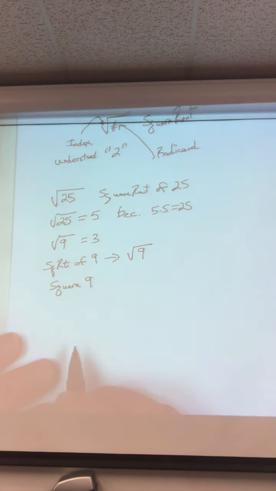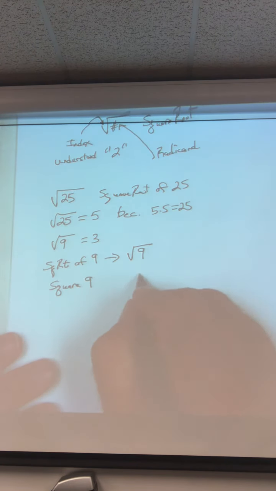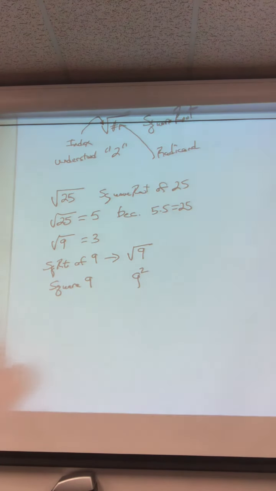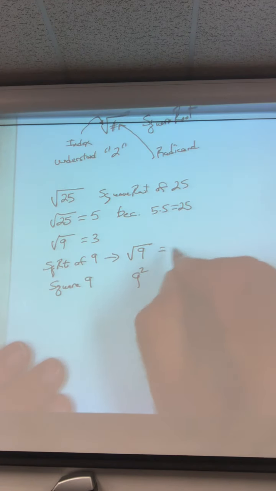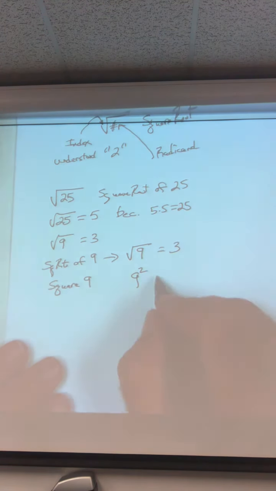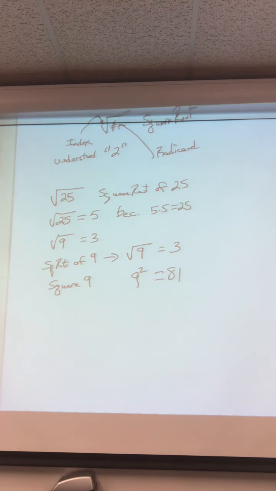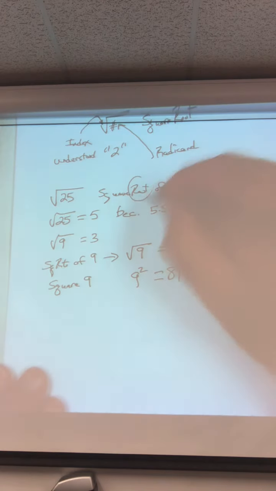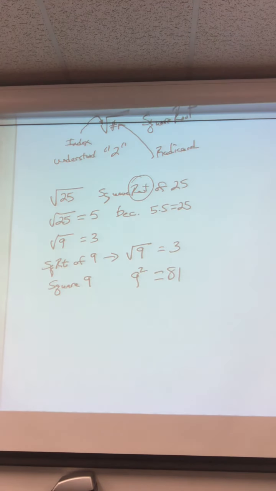If I say square 9, it's written differently. So there's a difference in taking the square root of 9 and squaring 9. The square root of 9 is 3, because 3 times 3 is 9. But if you square 9, you get 81. So that word root makes a difference when I say square root of a number.